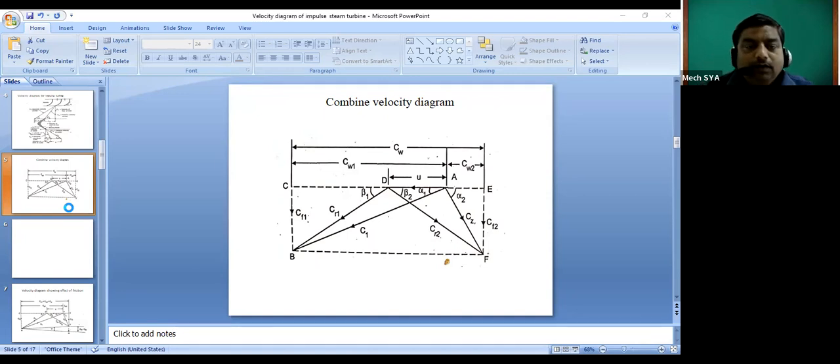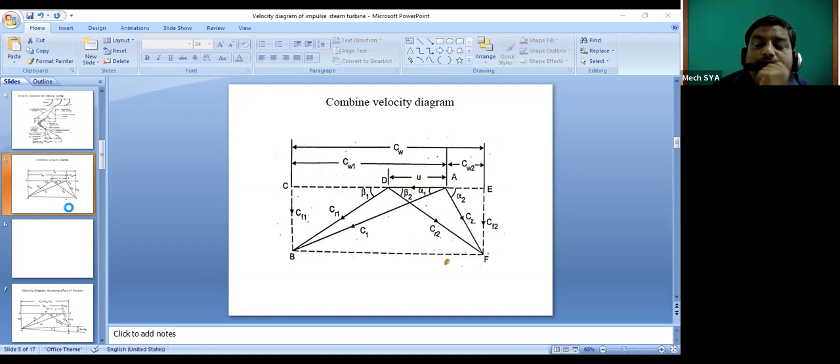Yes, thank you, Ganesh. Now what we'll do is draw the combined velocity diagram, where the velocity common in both triangles, the inlet triangle as well as the outlet triangle, is going to be U. This is the U component.